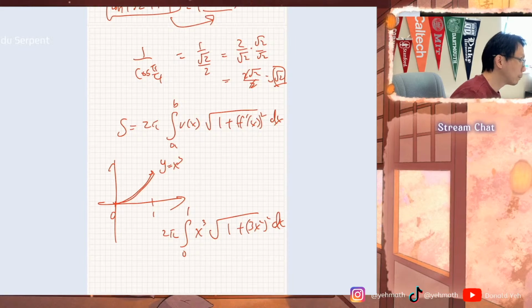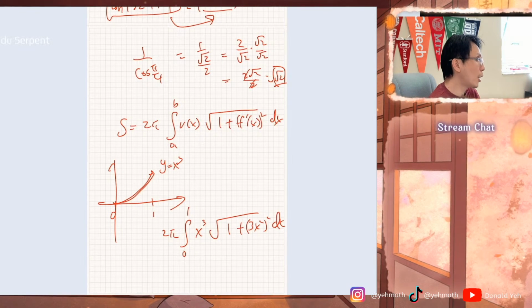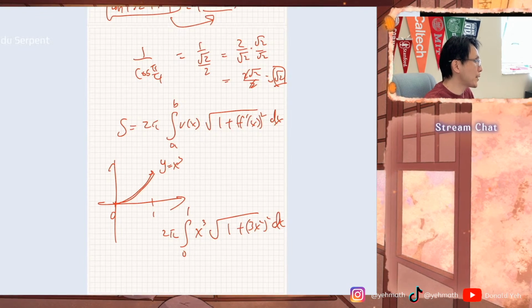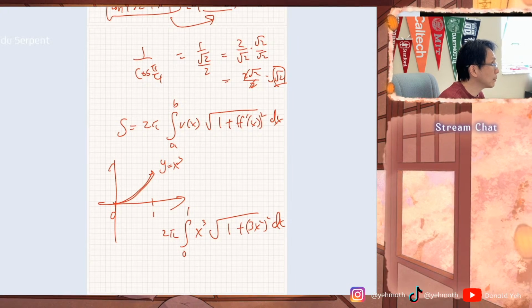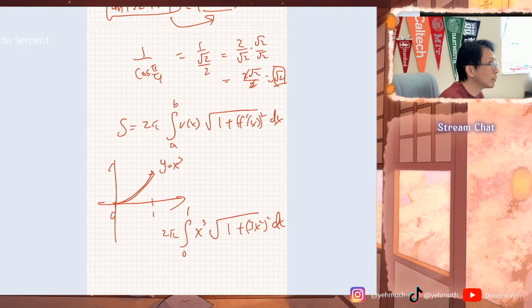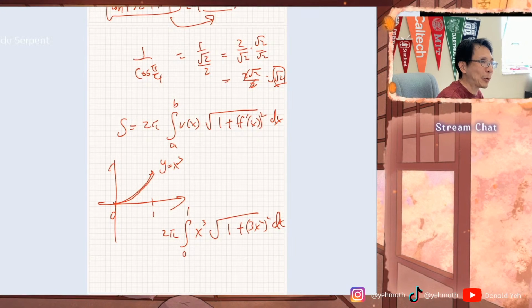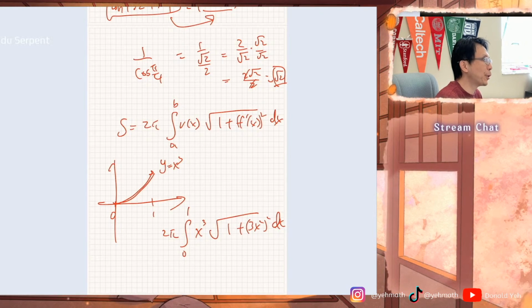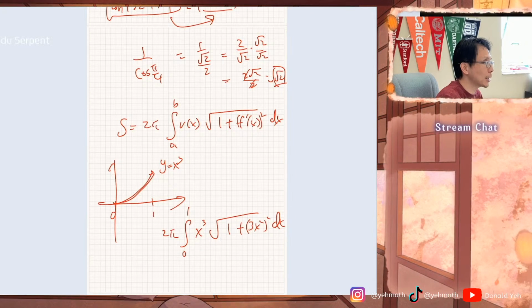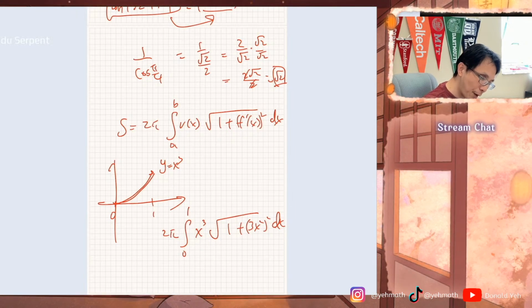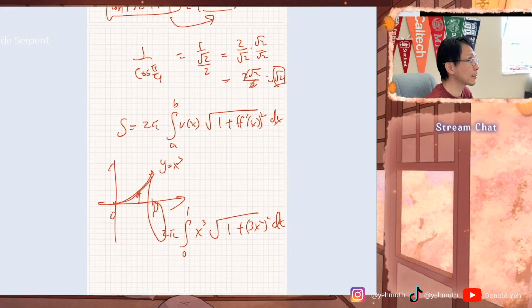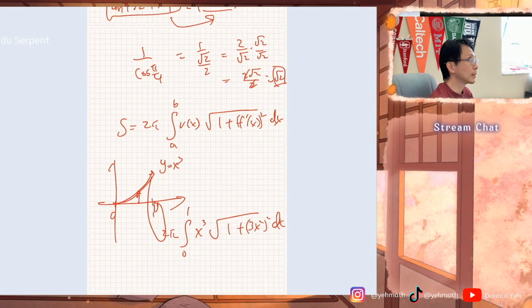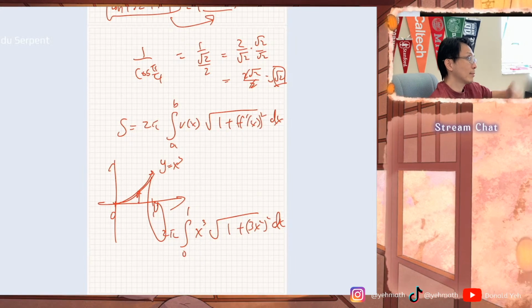So the thing in front is R, not like B or anything? R of x is just the radius, so it's going to be the function, x cubed. So R of x is just going to be f of x every time. If you rotate on the y-axis it's different, so we're not going to talk about that. But if you rotate on the x-axis, they are revolving here, so this is R of x, which in this case is the length.